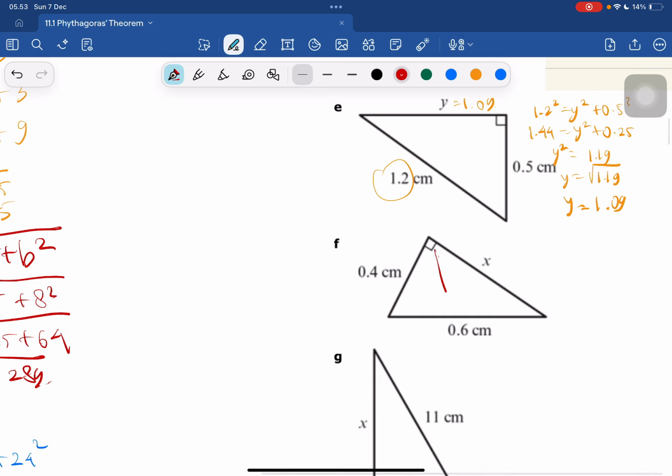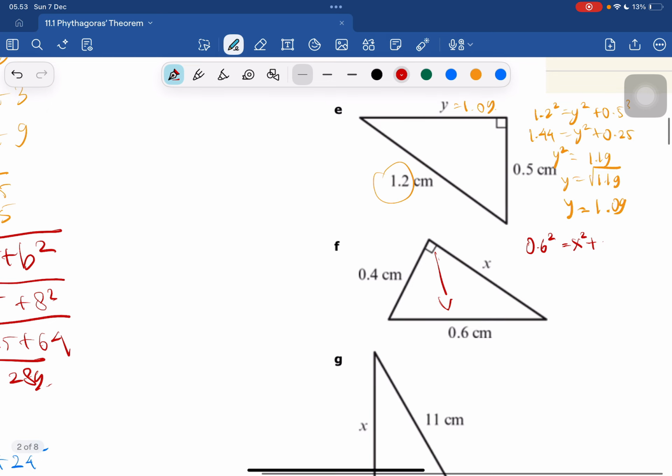Next for F. So state the hypotenuse is here. So the hypotenuse is 0.6 squared equal to x squared plus 0.4 squared. So let's find out 0.4 squared, so x squared plus 0.16. So 0.6 squared should be 0.36.